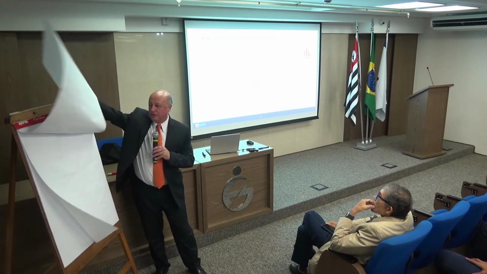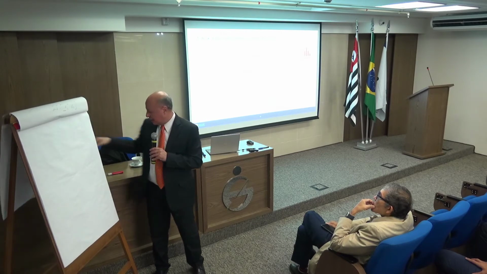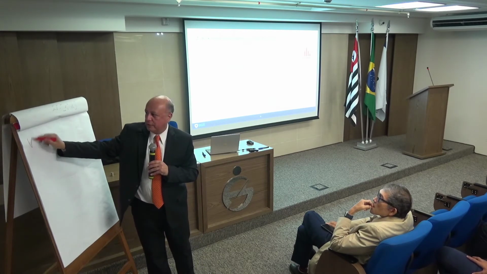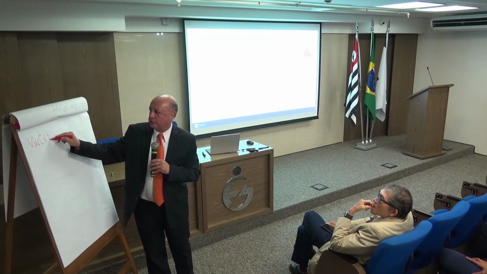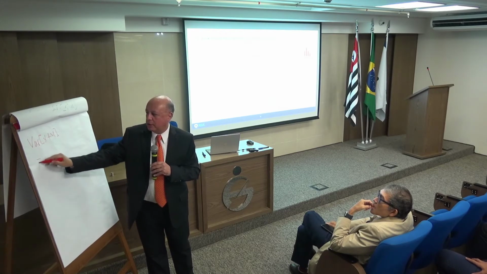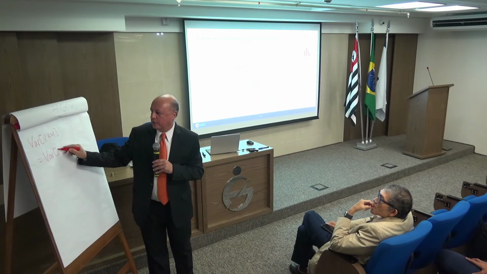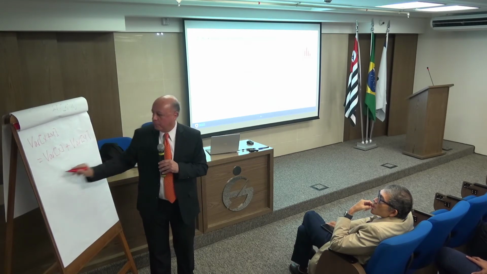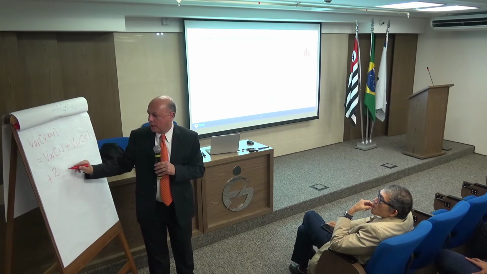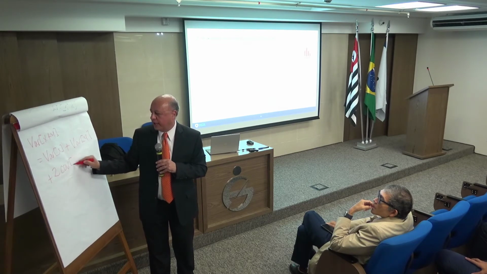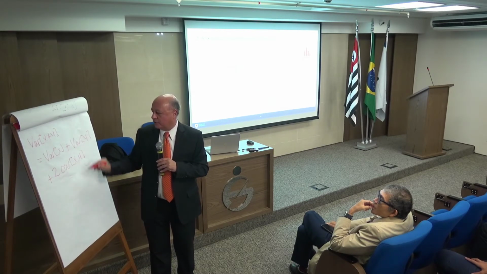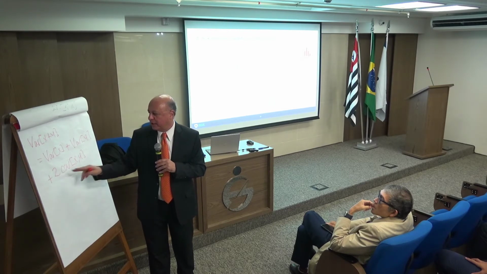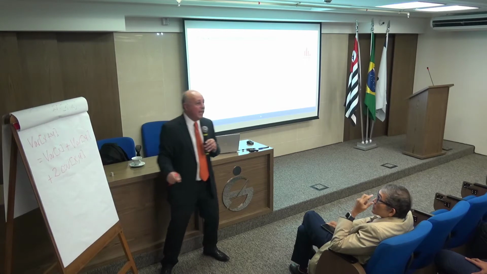Why? Because remember I mentioned before, if you have the variance of x plus y, this is equal to what? Variance of x plus variance of y plus 2 times the covariance of x and y. And basically, this is how the two variables move together.